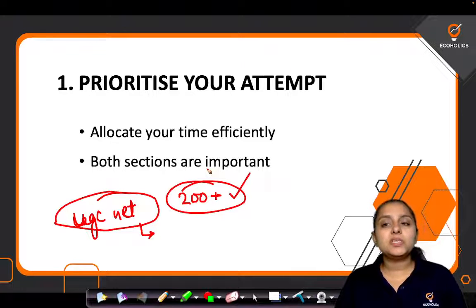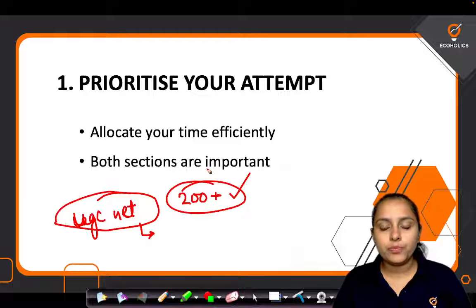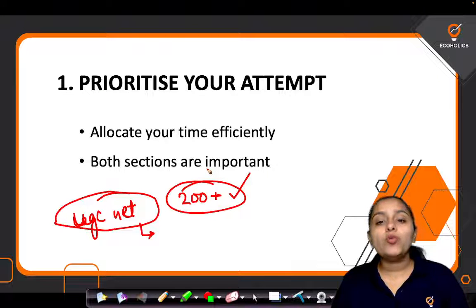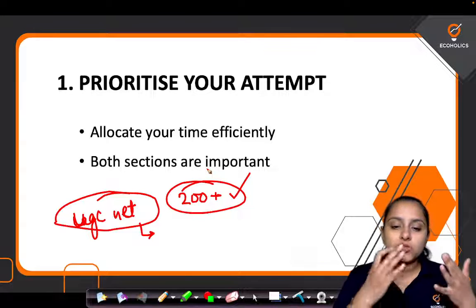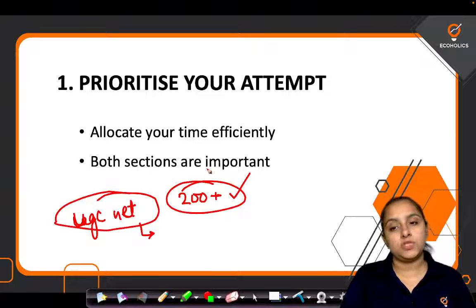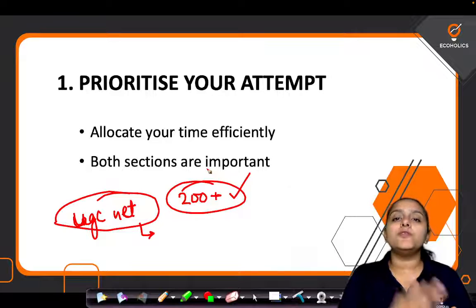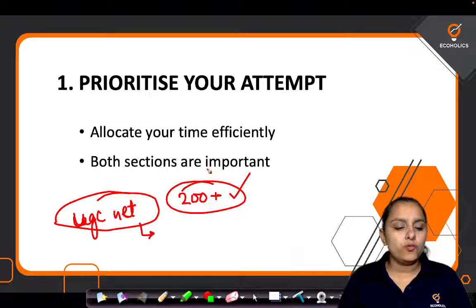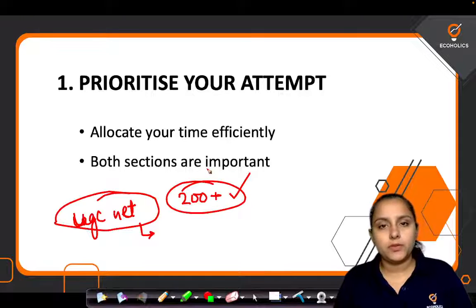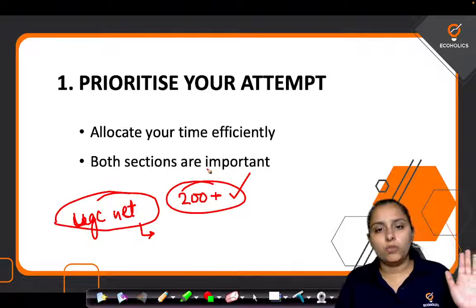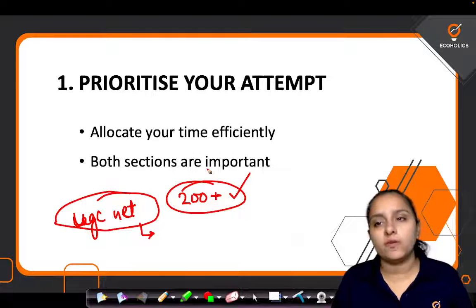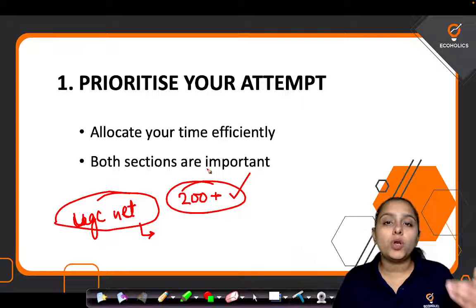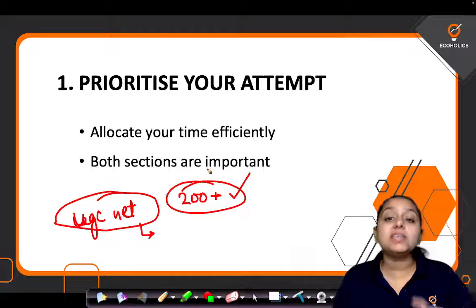But if your basics are not done properly, you will have to sit and do it from scratch. So if your basics are clear, giving 3 to 4 hours is good, because there are a lot of subjects, so you need to give that time.